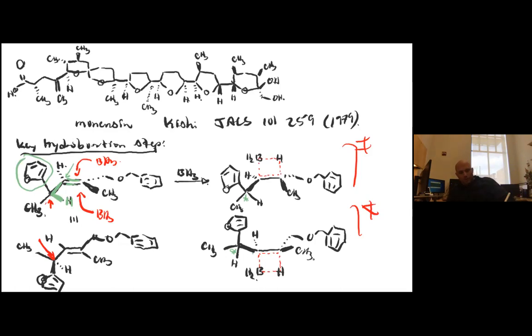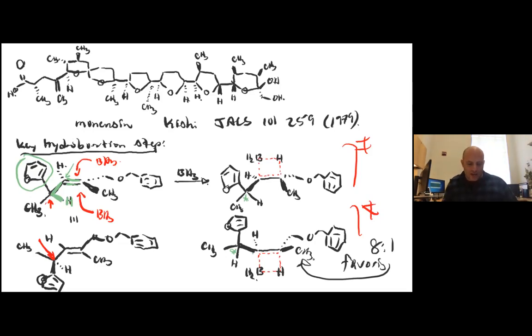And so it turns out, I'm not going to spend time drawing the products, but what you end up with is a ratio of about 8-to-1 in favoring the bottom. Okay. And so I actually should draw the product to make a point here. I'm going to try and do this on the next page without getting jumbled.